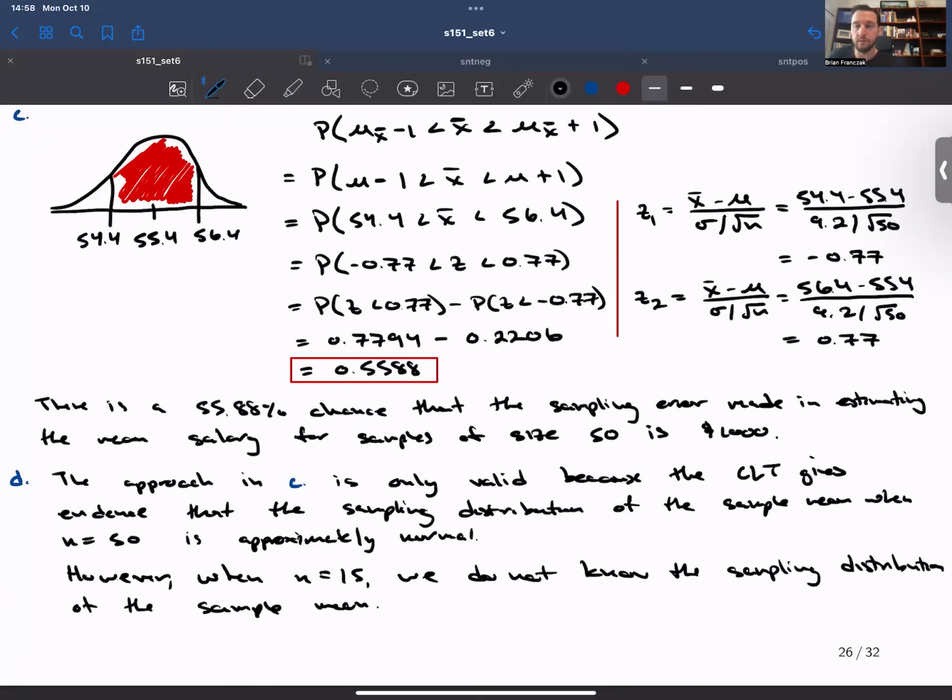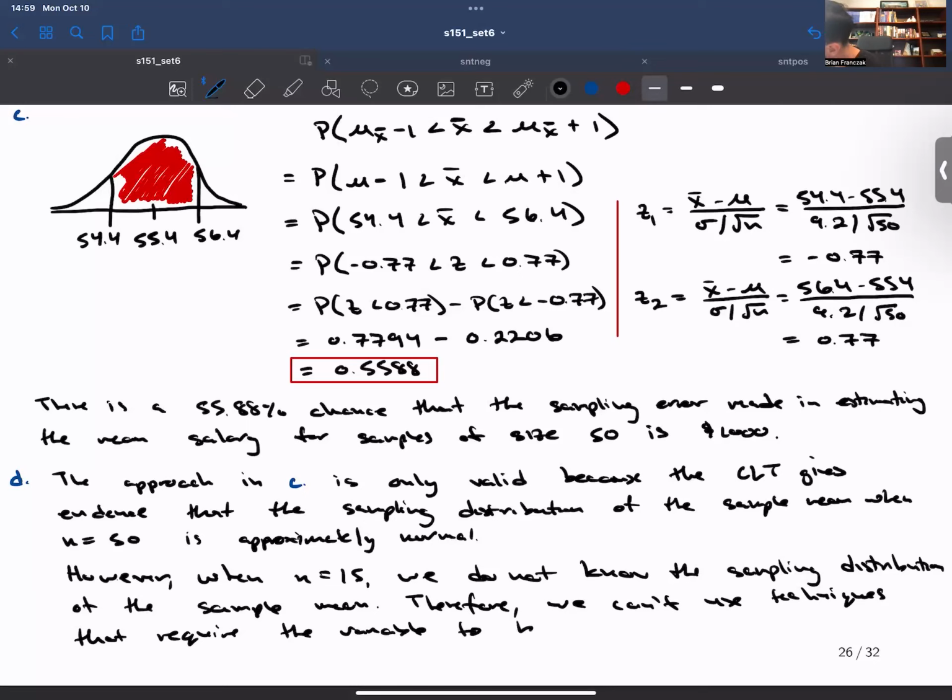So because we don't know what that distribution is, we can't use the standard normal table or techniques built off the normal table, because then we might be looking for the probability in the wrong place. We can't use techniques that require the variable to be normal.